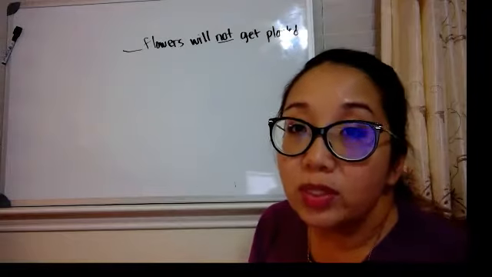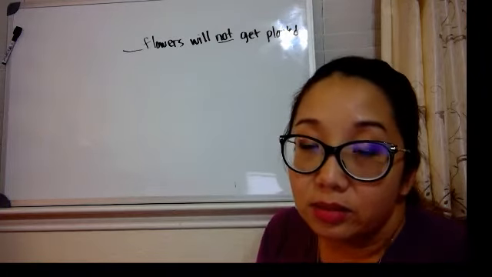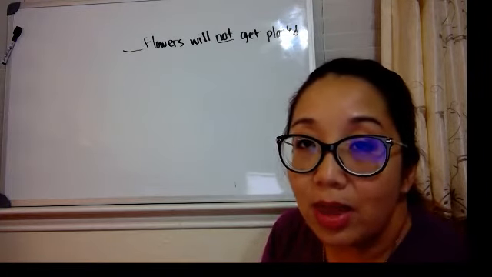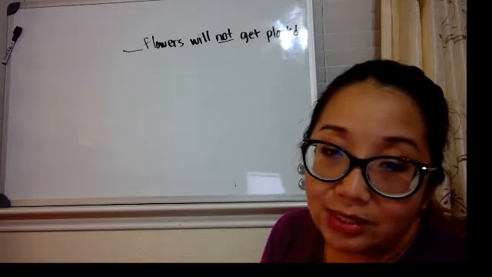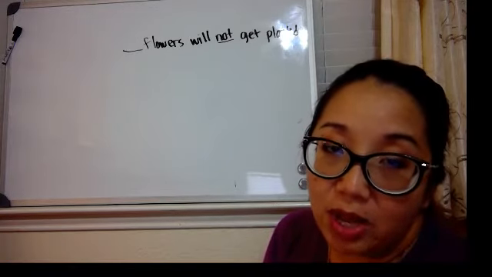Blank flowers will not get planted. Okay, so I don't care about how many pots I need. I need to know how many flowers are not going to get planted. Okay, because I have to put 5 in a pot.